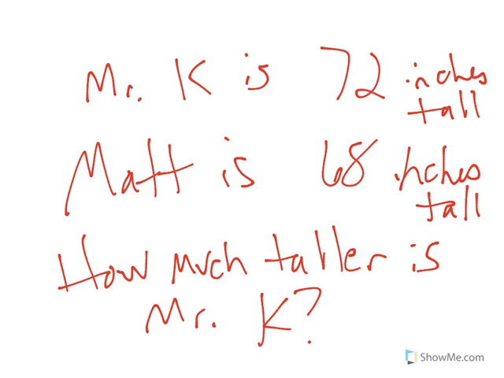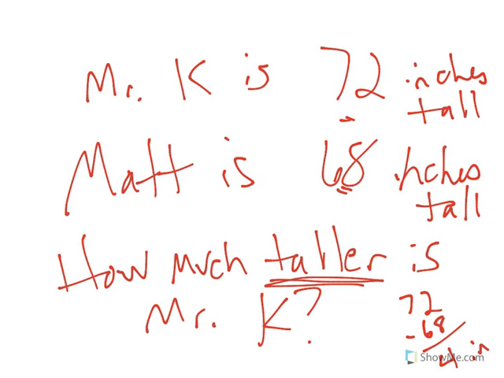Are we combining their heights? No, we are not. So it can't be addition. How about the next one? Subtraction is to find out how much more or less. Are we trying to find how much more or less? We are. We're trying to find how much taller Mr. K is. And if you look at multiplication and division, to put together groups of equal parts, well, those aren't groups of equal parts. And we're not separating them into groups either. So we know that we have to subtract. So then what we do is 72 minus 68, and we would find out that Mr. K is 4 inches taller.